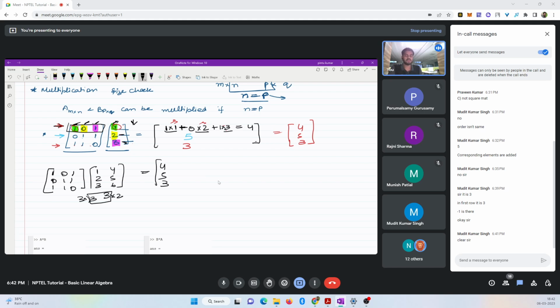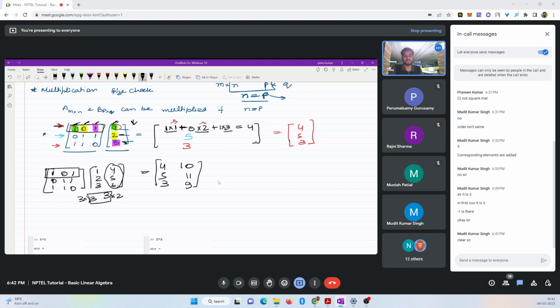Now to obtain the second one, we'll do the same thing. We'll multiply the first row with the second column. So we get 1 into 4 plus 0 plus 6. This gives us 10. Then again 11 and then 9.